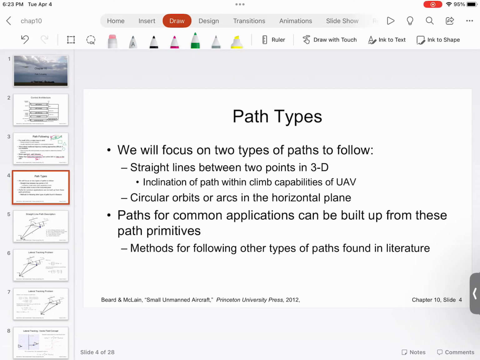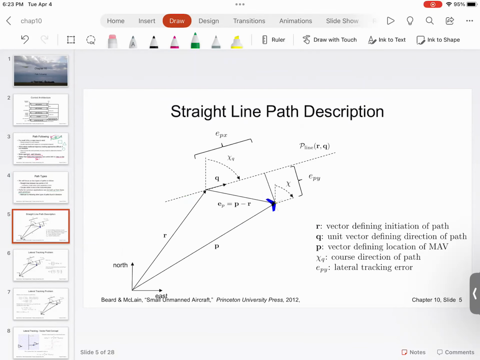So what we are going to do is build the path from these path primitives. There are other techniques where you can use higher order primitives, but those come up when you try to do some complex topological path planning. So let's look at the description of the path.